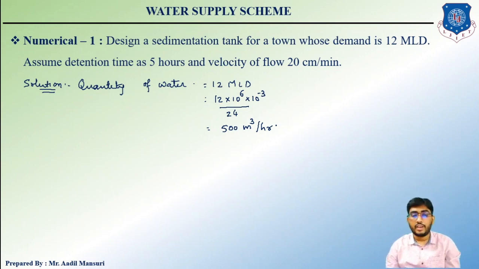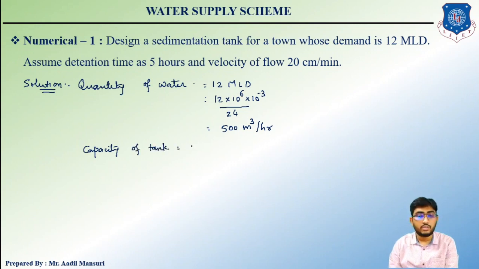Agree? Now capacity of tank. Capacity of tank will be equal to discharge into detention time. Discharge given is 500, and the detention time given is 5, so this will be equal to 2500 meter cube.